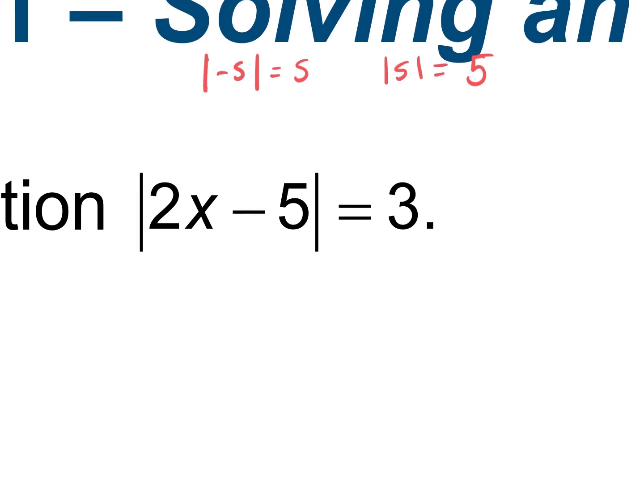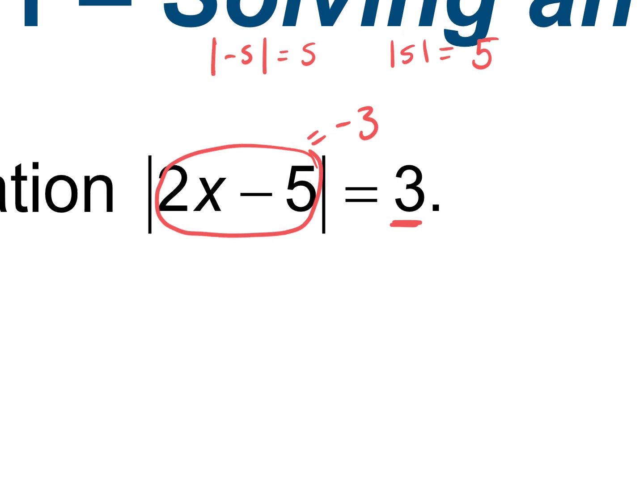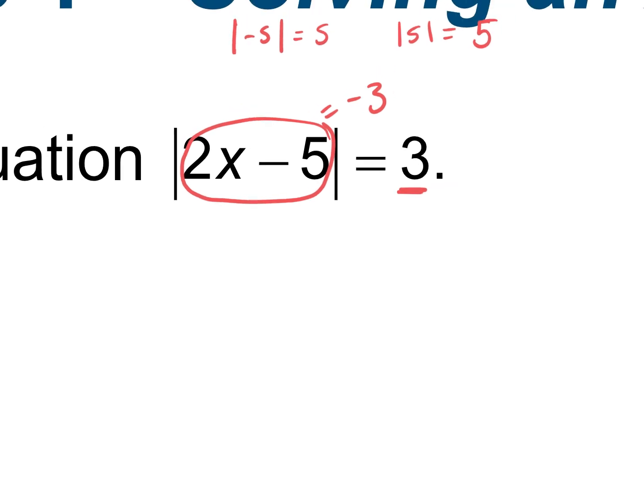So that means inside here, this could either be equal to 3, like we have, or it could be equal to -3, because whatever is on the inside of my absolute value bars, it turns it positive. So if this was equal to -3, it'd turn it to be positive 3 to make the equation true. So anytime we have an absolute value equation, we always want to isolate the absolute value, and then we set it equal to the positive number and the negative number.